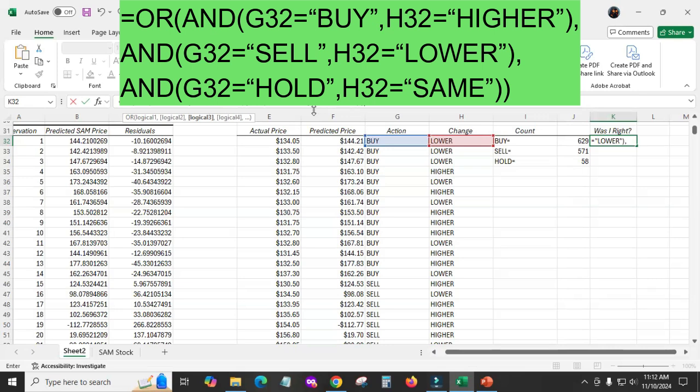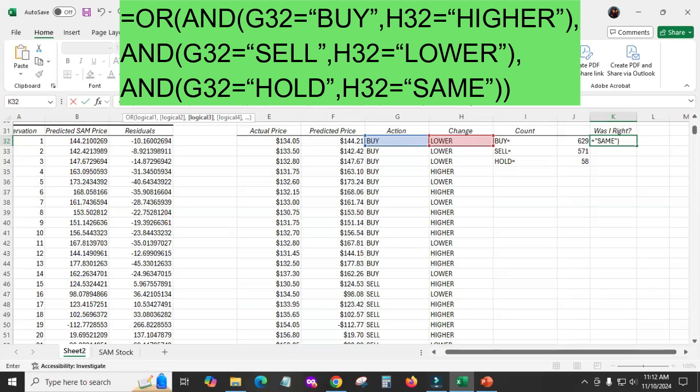We're going to add our third true statement. We're going to separate it with a comma, and, parentheses, and I think you know where this is going. G32 equals "hold", comma, H32 equals "SAME", parentheses, and that would be the other true statement.